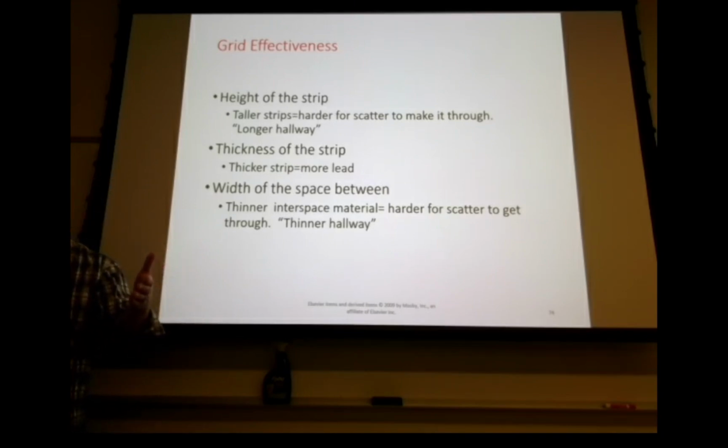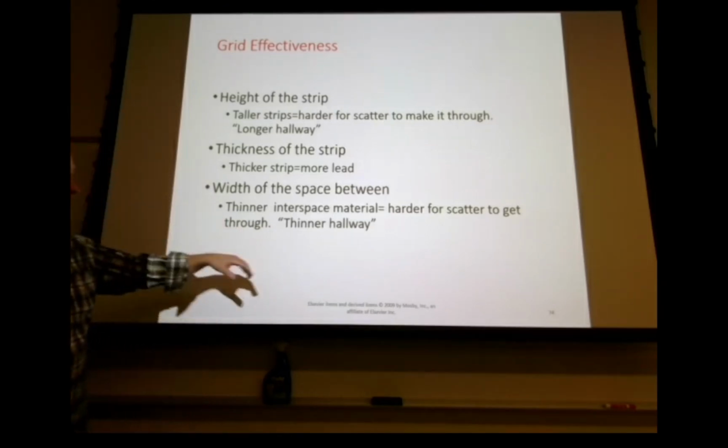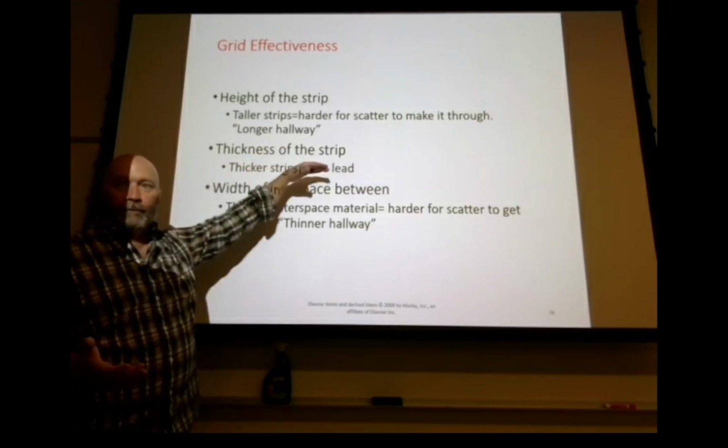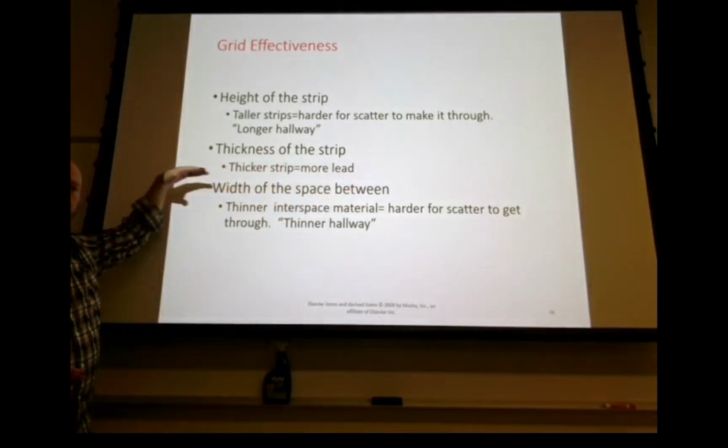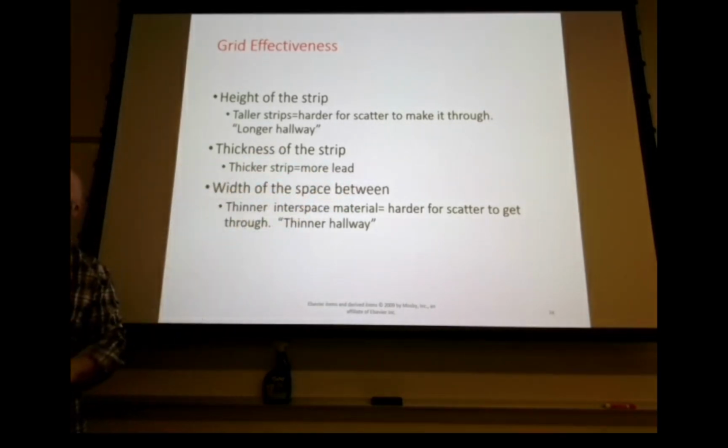Okay? Now, so I go all that way to say this, that we can get to a point with our grid strips where they are so tall and become so efficient that they absorb all the x-rays that might be at a wide angle scatter, maybe at a narrow angle scatter. It becomes a very efficient grid, okay?